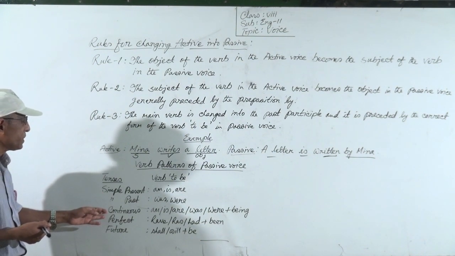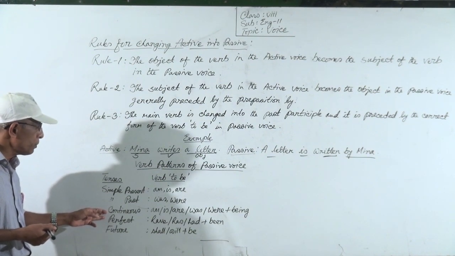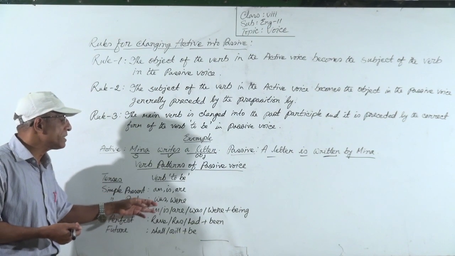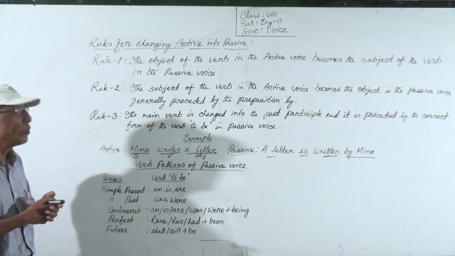Okay? If we see the active voice is continuous, either present continuous or past continuous, then you have to use am, is, are or was, were plus being.